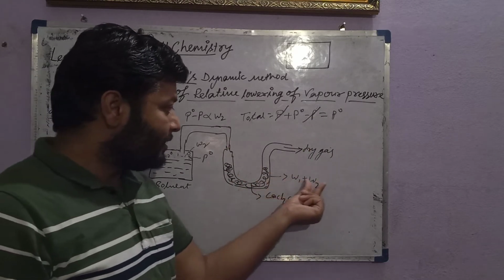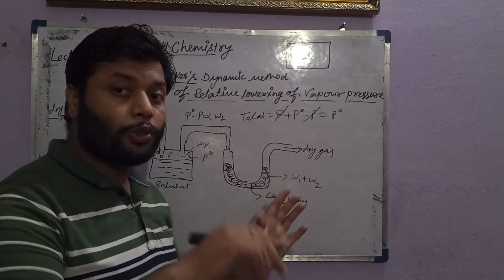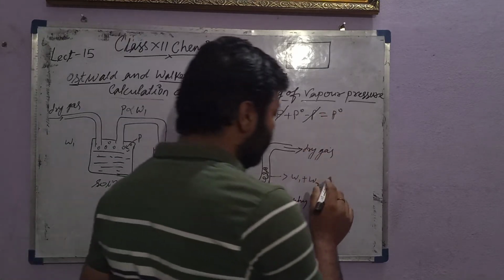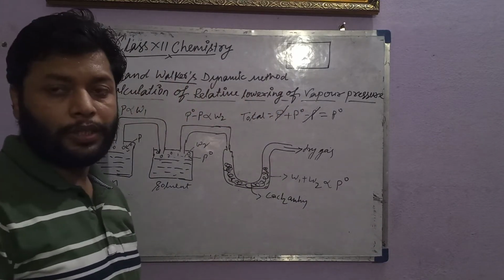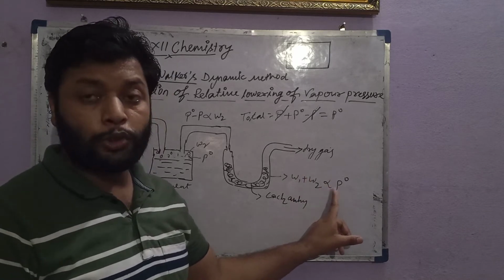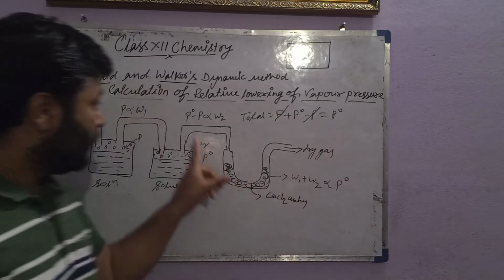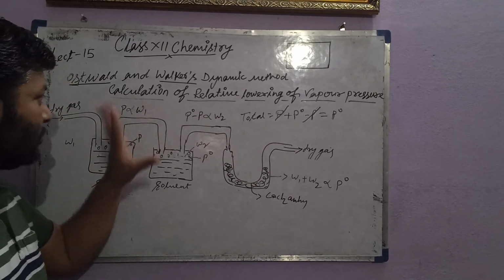So W1 plus W2, the total weight loss, must be proportional to the total vapor, which is P naught. So W1 plus W2 is proportional to P naught, P naught minus P is proportional to W2, and P is proportional to W1.